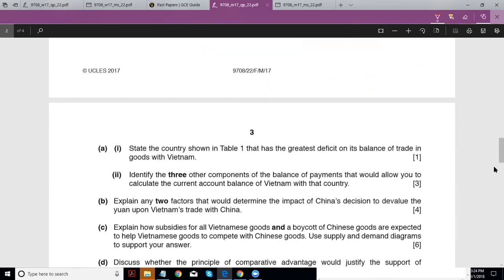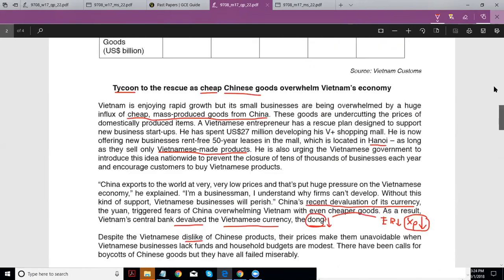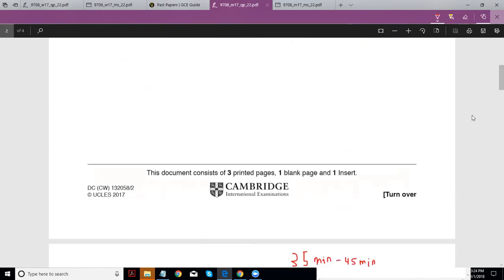Okay. So part A part 1, state the country shown in table 1 that has the greatest deficit on its balance of trade in goods with Vietnam. So which country is it that has the greatest deficit?